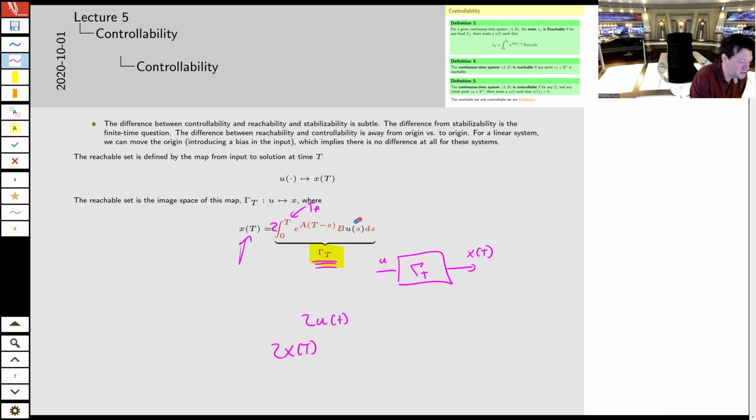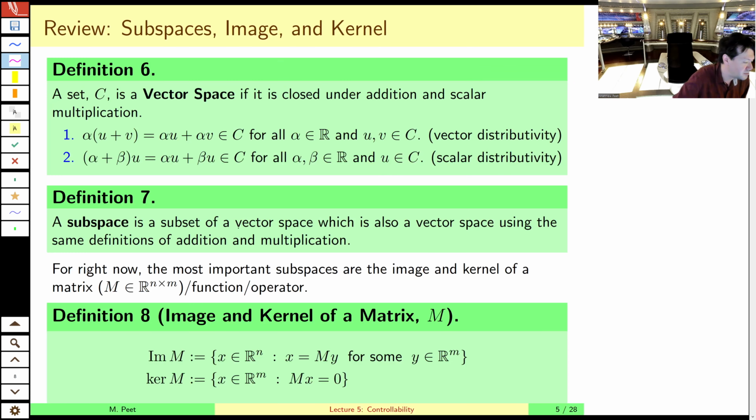And so we get 2x. So if you can get to x of t, you can get to 2x of t just by doubling the strength of your input. And this linearity property is important because it undergirds the rest of the slides, really.